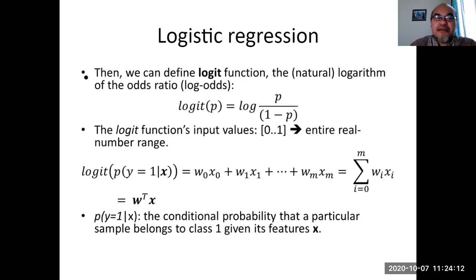So the logit of P, for example that y equals 1 for a certain data set X, will be equal to, similar to before, the net input multiplied by the weight factor: w0x0 plus w1x1 until wmxm.